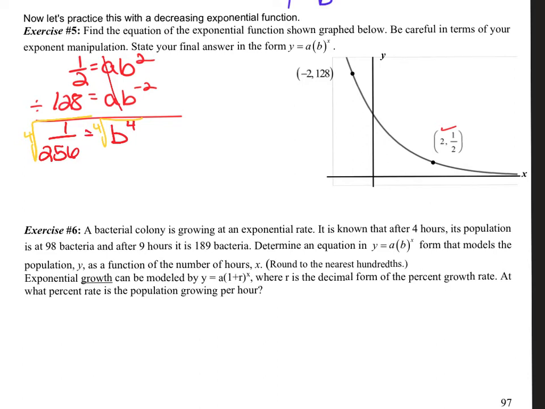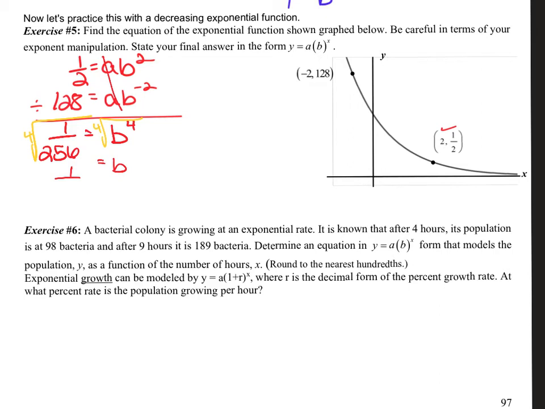Okay, so the 4th root of b to the 4th is just b. Now, when doing a fraction, you do each one separately, right? So, well, the 4th root of 1 is just 1. And then the 4th root of 256. Well, off the top of my head, I don't know my 4th roots. So I'm going to hit my math button, and I'm going to hit number 5, which lets me put in whatever kind of root I want.